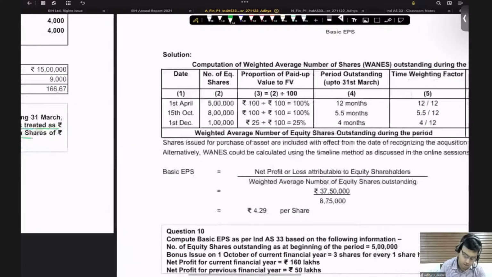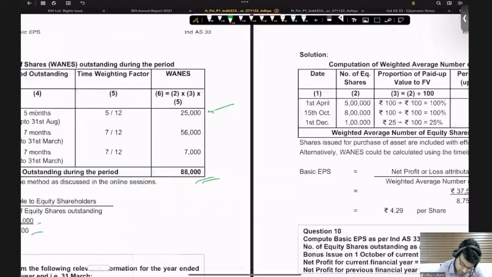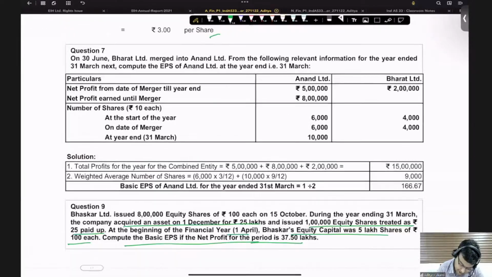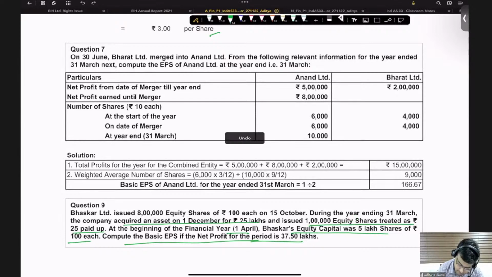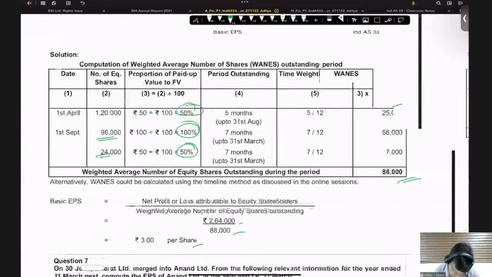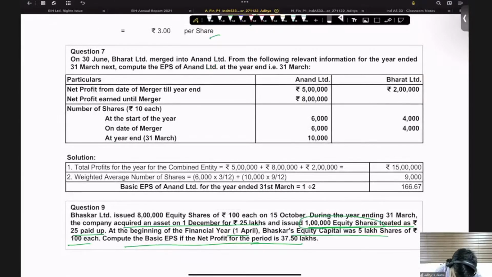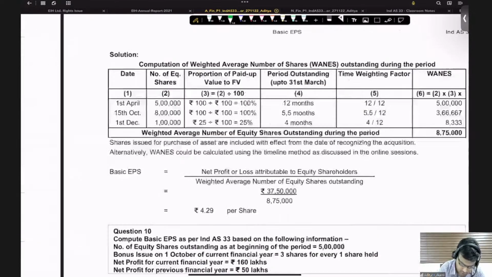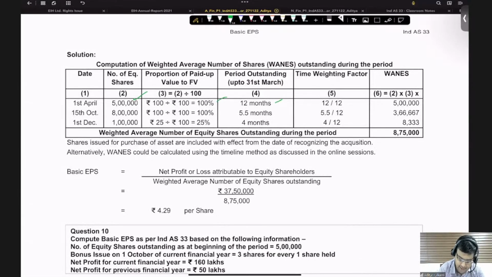Okay. So we start off with 5 lakhs. This was there for the entire 12 months.